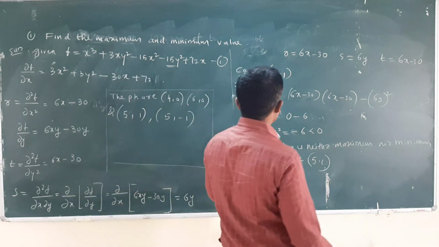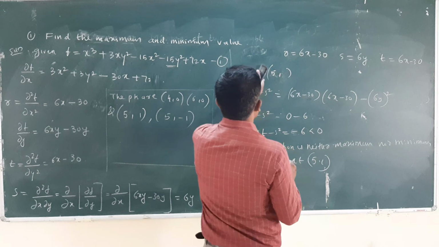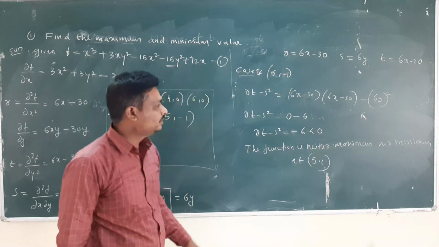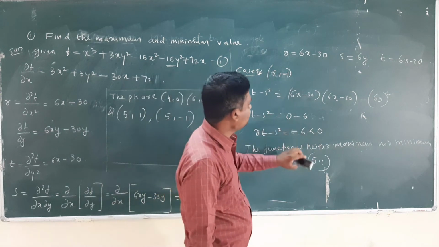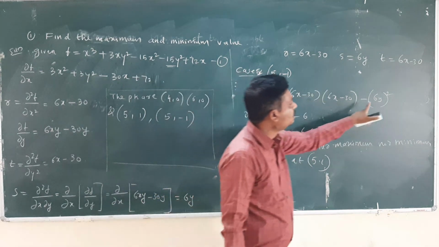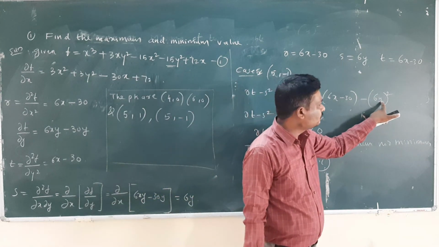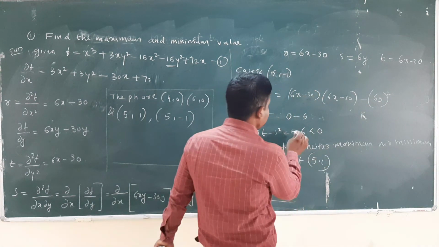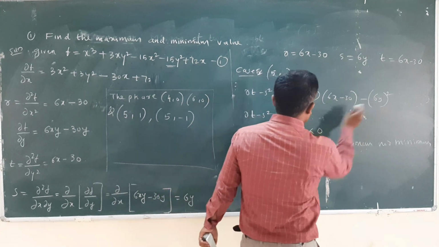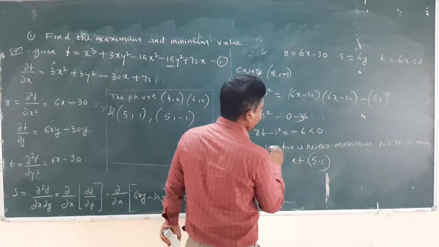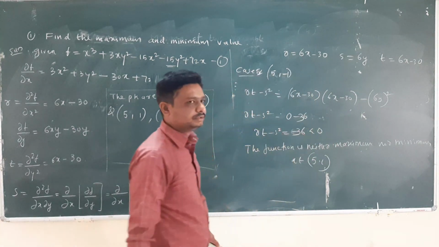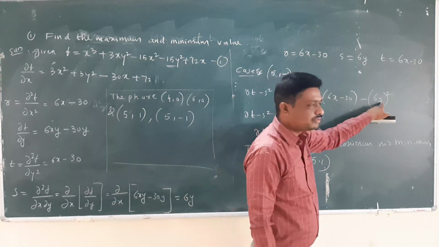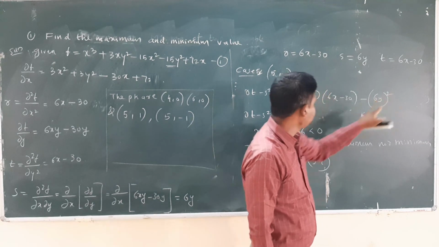So let us go for the last case, that is case number 4, the point (5, minus 1). If I put here (5, minus 1), again this becomes 0. 6 into y, 6 into minus 1 is minus 6, minus 6 whole square is again plus 36. And this becomes minus 36.